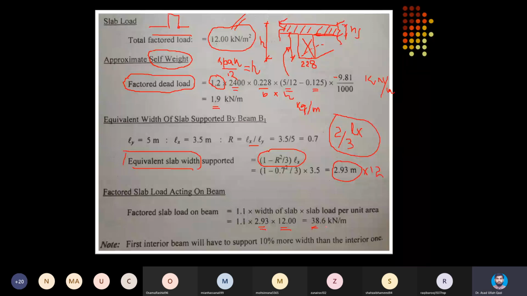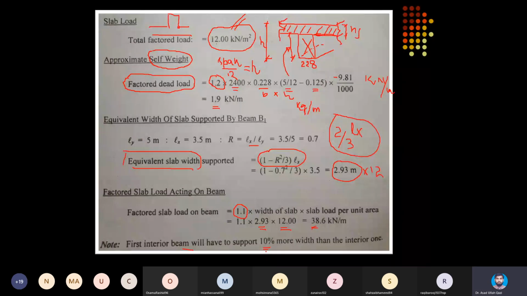Here in this problem, the author has also applied one factor, increasing the load transferred to the beam by 10%, by considering that the first interior beam will have to support 10% more width than the other interior beams.